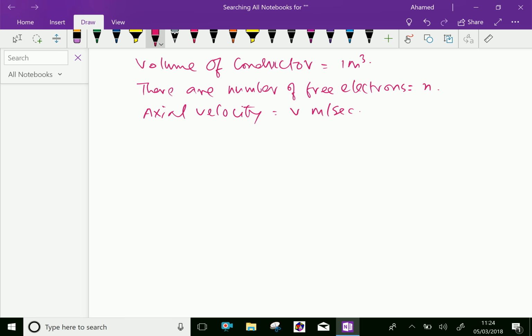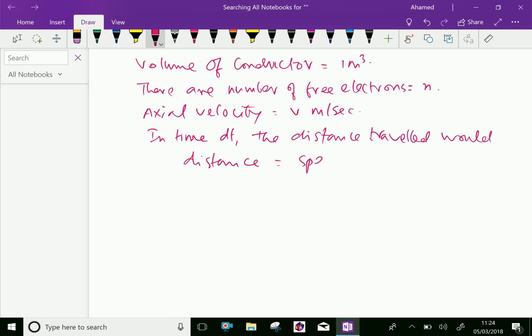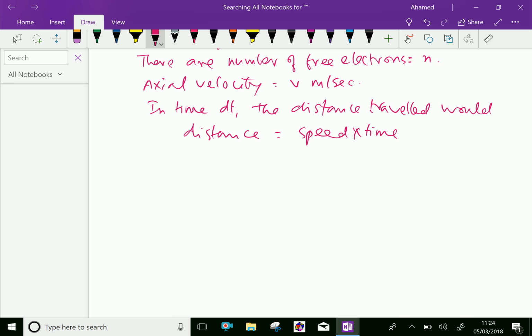In time dt, the distance traveled would be, we know that distance equals speed into time, which is equal to v dt.